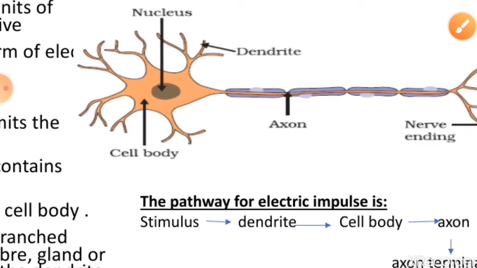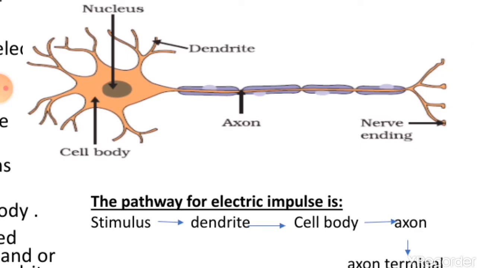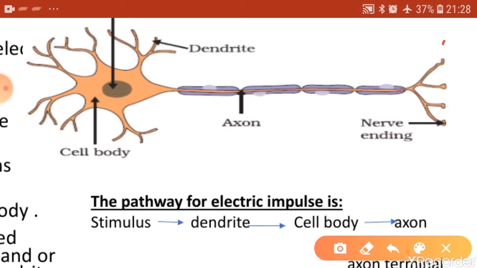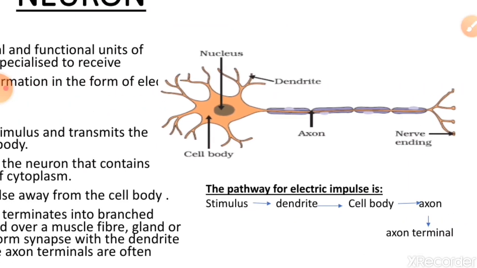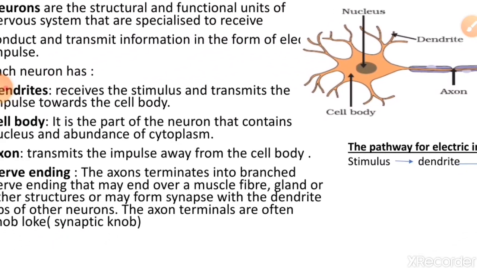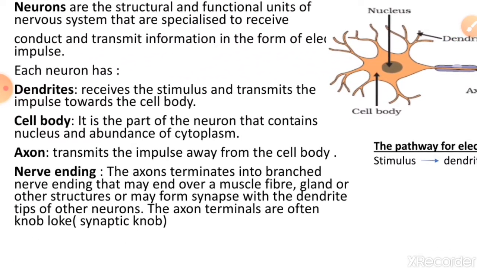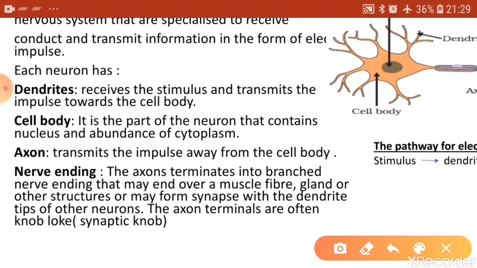These axon terminals that you see can either end over a muscle fiber, or over a gland, or can also form a synapse with the dendrite tip of the next neuron, about which I will be discussing. And one more very important thing about the axon terminal is that the axon terminals are often knobbed.